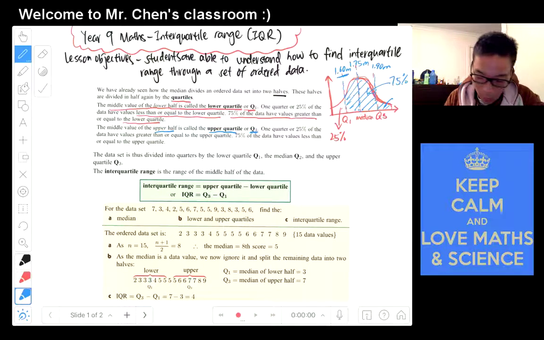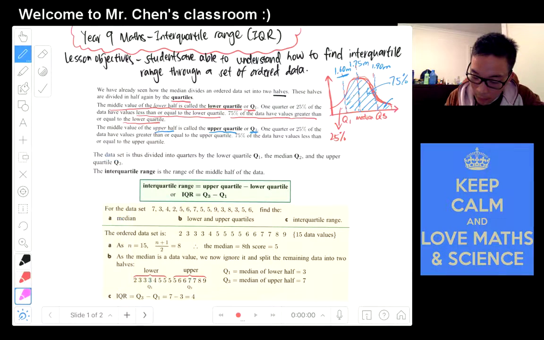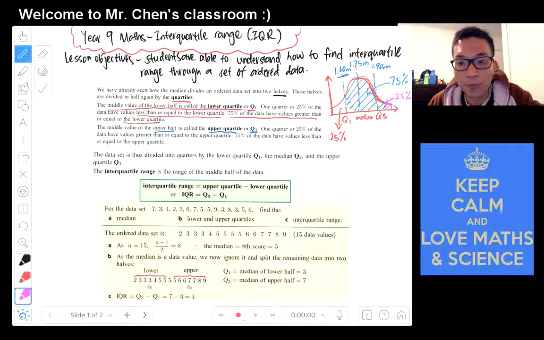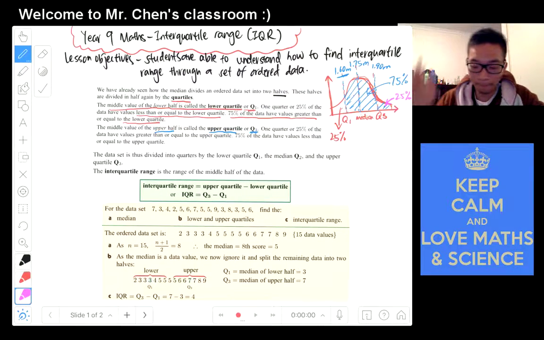I'm going to use a different color. So this is the top 25%. In this case it's 1.9 meters. So if you are taller than 1.9 meters or above, you belong in the top 25% of everyone that has been surveyed. So yeah, that's pretty tall actually.